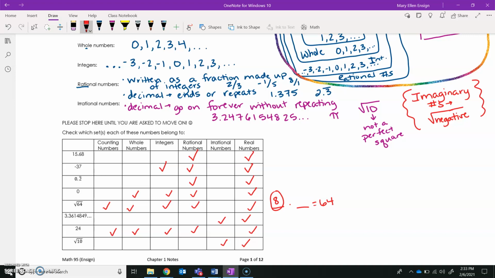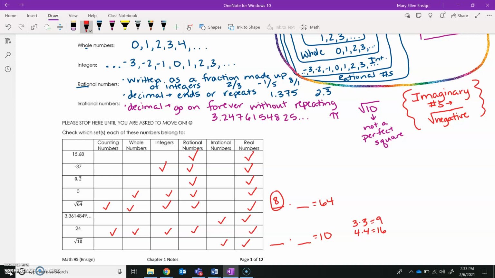24 is a counting number. And then square root of 10, I want to know some number times itself that equals 10. Well, if I think about integers, 3 times 3 is 9, and 4 times 4 is 16. So when it's not a perfect square, like my example up here actually was 10 also, that means that if you put square root of 10 in your calculator, you're going to get 3.1, blah, blah, blah.